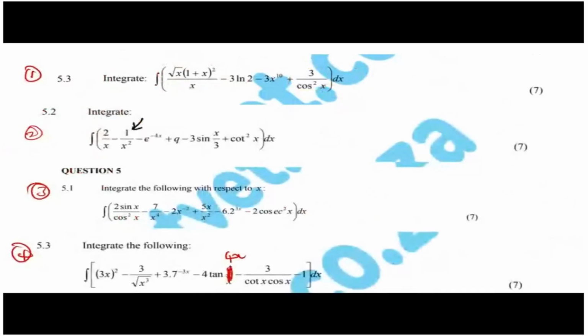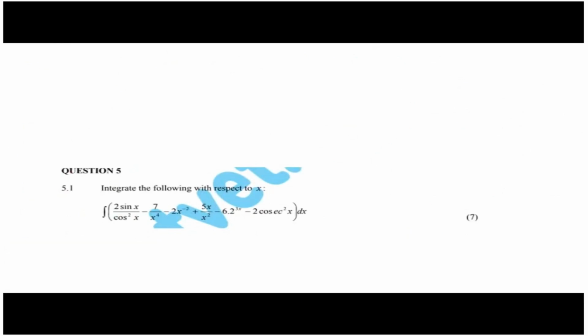So you see here we have, let me just copy it, number 3. Please try it. What will you get as your answer? Now, remember, with all these questions we've been doing, we are integrating with respect to x, but they might say with respect to t, or with respect to y.